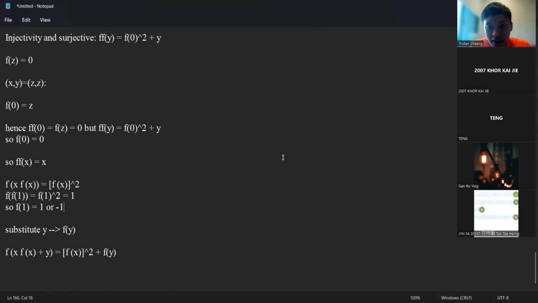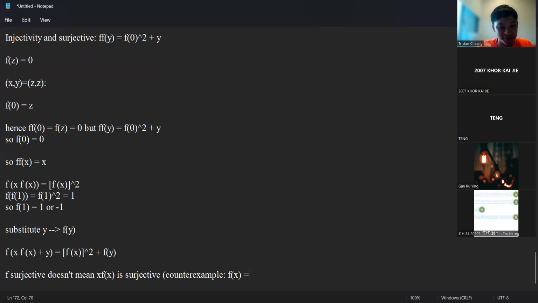Lastly, notice that this implies that since f is surjective, x fx. But the thing is, if f is surjective, it doesn't mean x fx is surjective. So counterexample, let's say fx equals 1 over x or something.